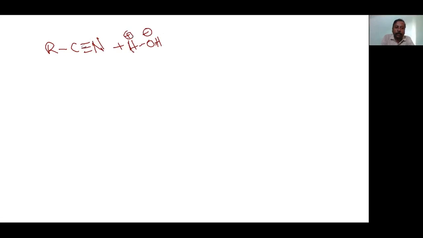Out of this, the sigma bond is a very strong bond. This is a pi bond, this is a pi bond. So let us suppose this pi bond will break, and that electron will go to which element? Question is whether this electron will go to carbon or nitrogen.